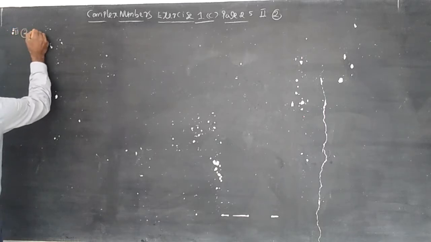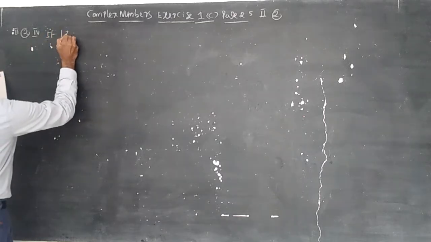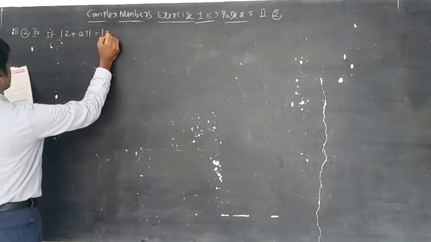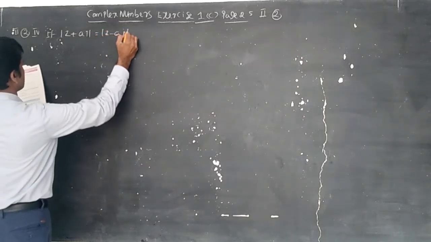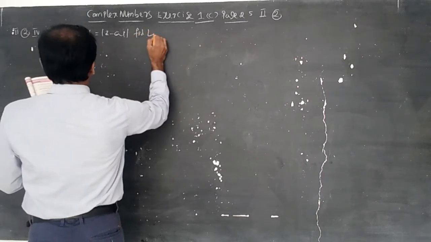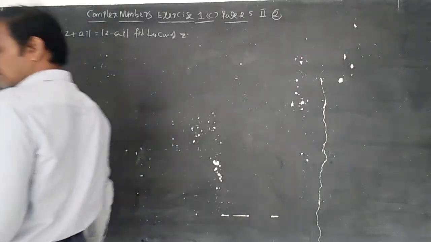Second one, fourth one. If modulus of z plus ai is equal to modulus of z minus ai, find the locus of z.